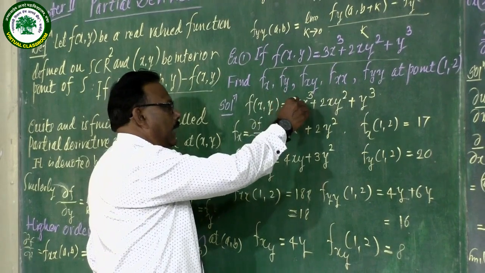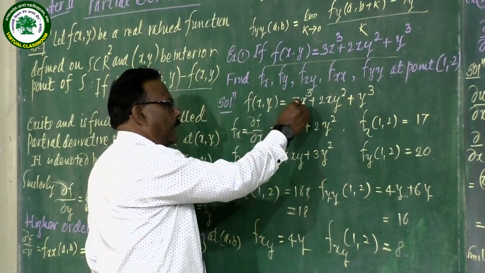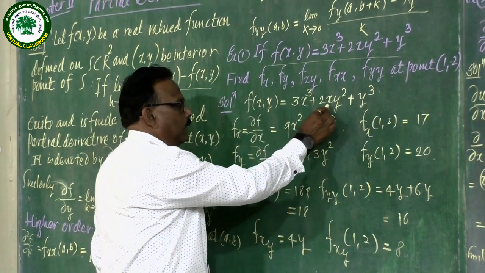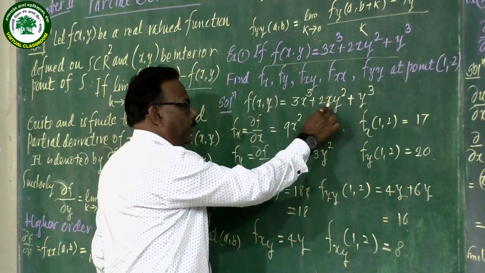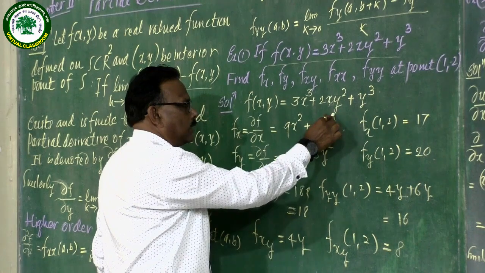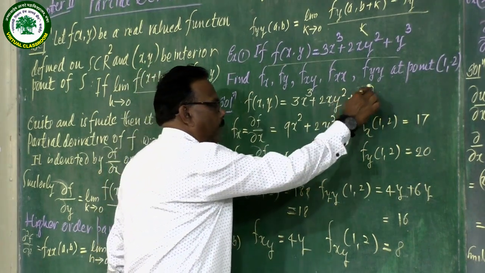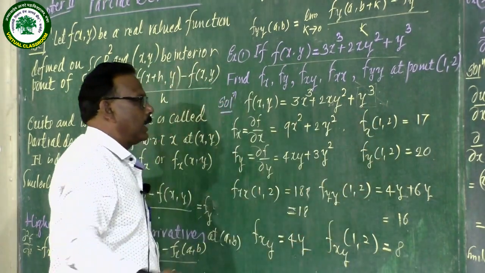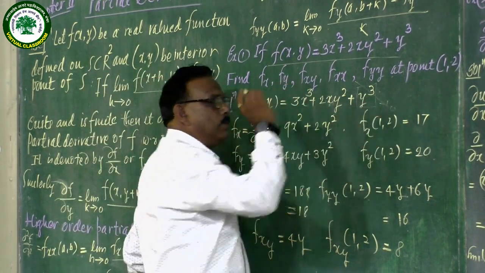Here 3x cube, the partial derivative of x cube gives 3 into 3, that is 9x square, plus with respect to x, the derivative of x is 1, therefore 2y square. This is a function of y, therefore it should be ignored. You can treat it as a constant, therefore its derivative becomes 0.